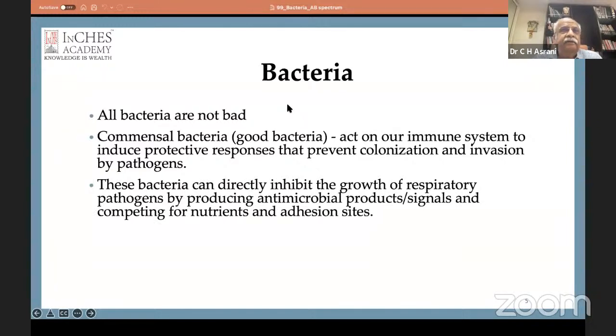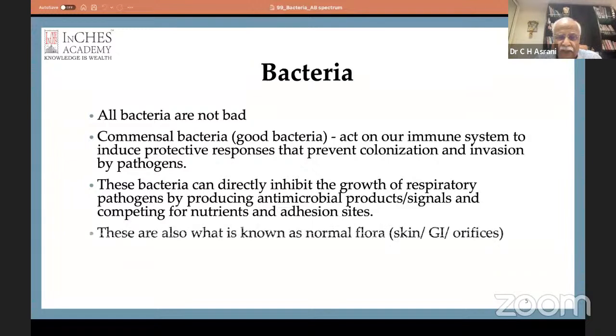These bacteria work in two ways. They can directly inhibit the growth of respiratory pathogens by producing antimicrobial products or signals and competing for nutrients and adhesion sites. There are adhesion sites which bacteria occupy and cause an infection. Our commensal bacteria can compete and block those sites. They're also known as normal flora.